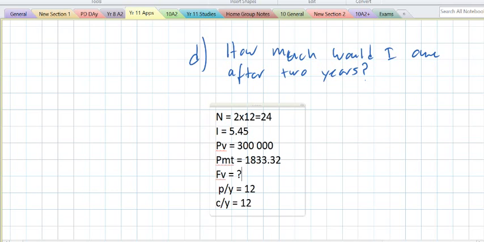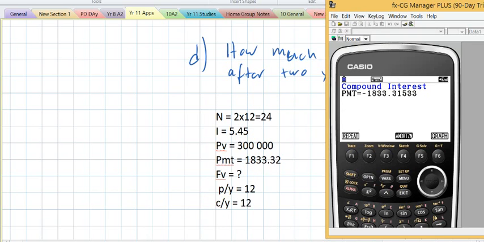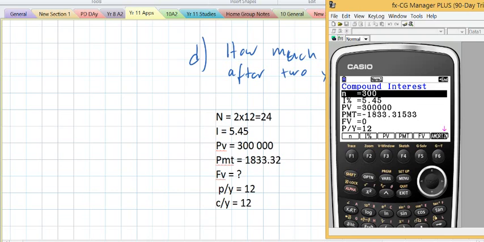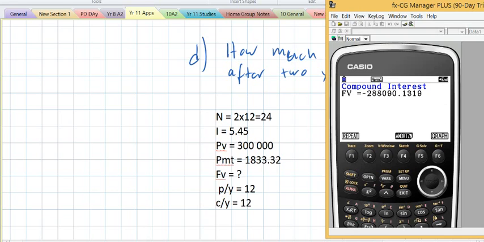So the N is the number of payments. Alright, so we go to our calculator, and all we want to find out now is the future value. So after 2 years, I owe $288,000. I've only decreased the total by about $12,000.